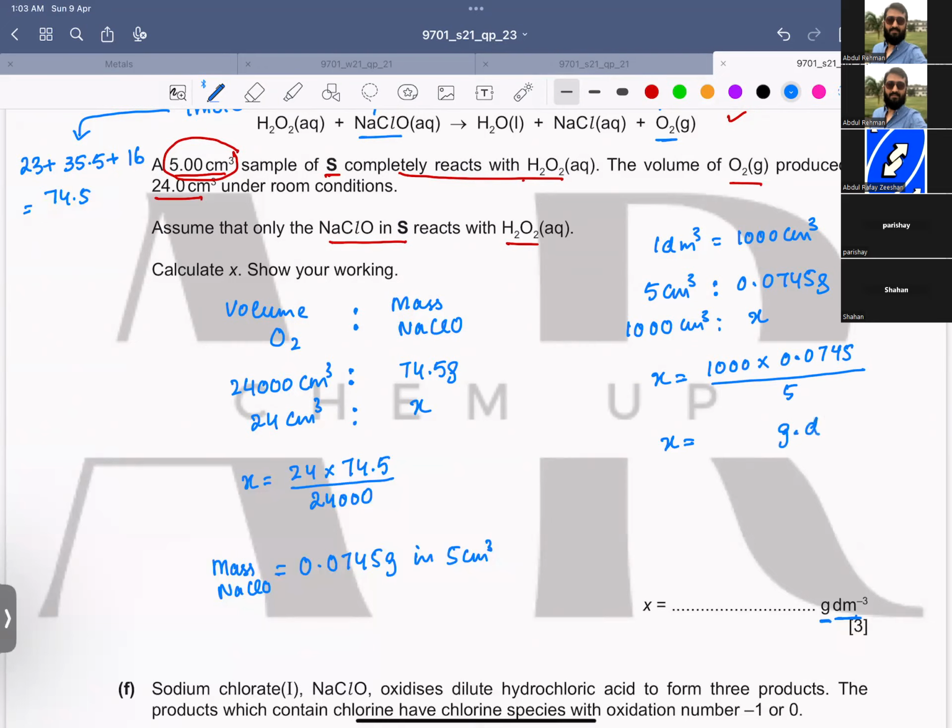Yes, can anybody tell me the answer over here? 14.9. Okay, so it is 14.9 grams per dm cube.